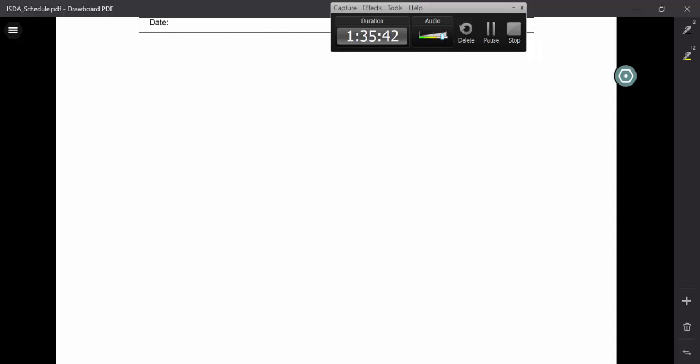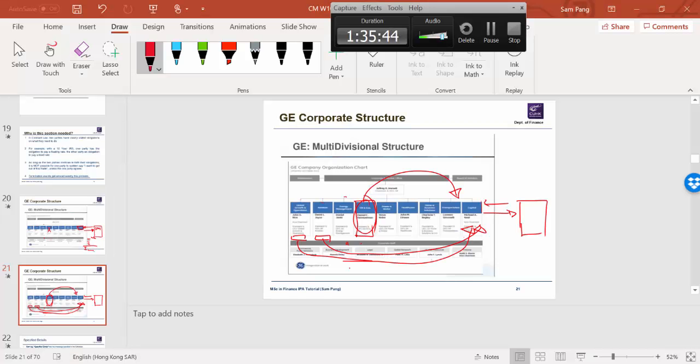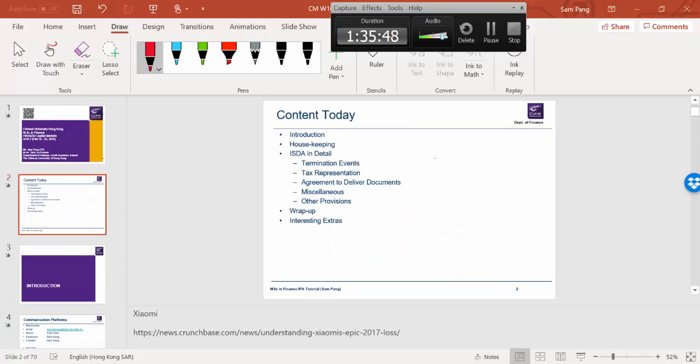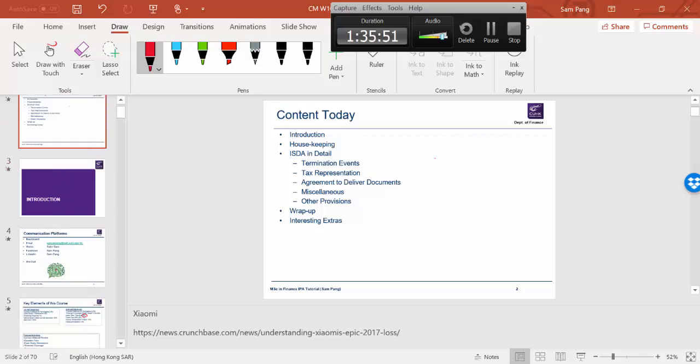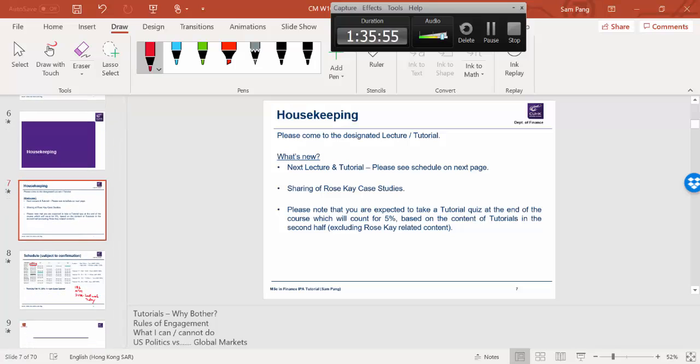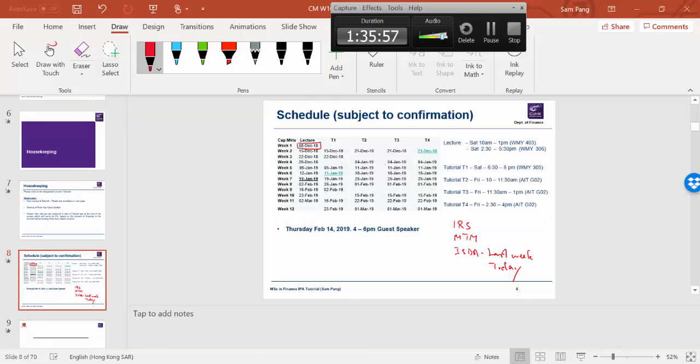Now let me just sum up very quickly. So today we had a bit of housekeeping at the start. You know what you need to do tomorrow, and you know what you need to do in the next tutorial.